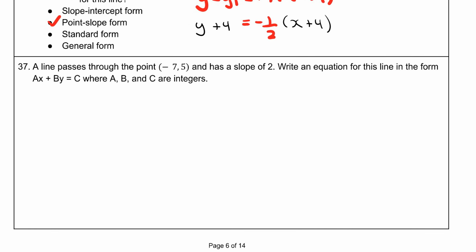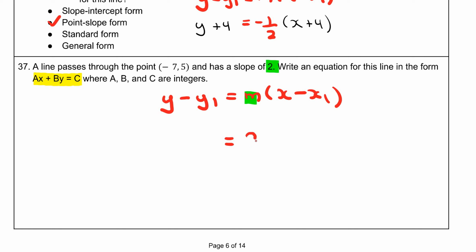Okay, let's move on to question number 37 here. A line passes through the point negative 7, 5 and has a slope of 2. Write an equation of this line in this form right here, where a, b, and c are integers. Okay, so since you're given a point and a slope, it's best to use this form first, which is the point slope form. So if I have a slope of 2, that's going to be equal to 2.